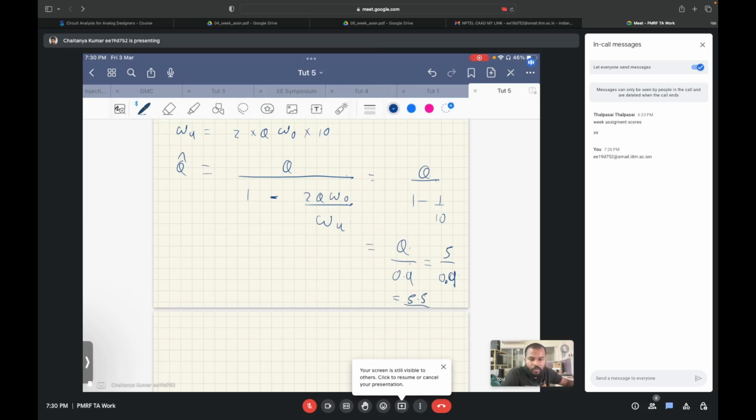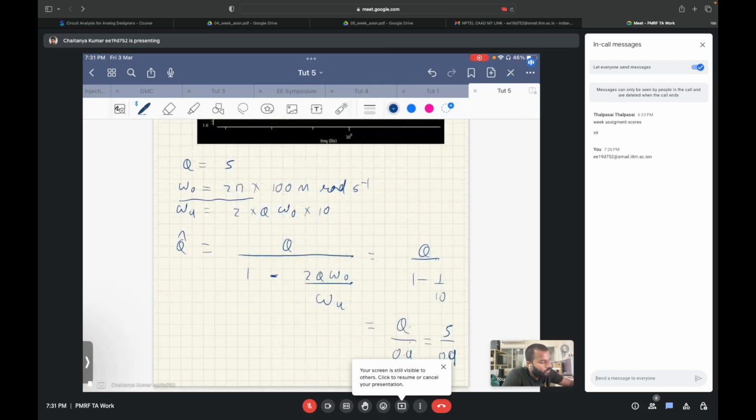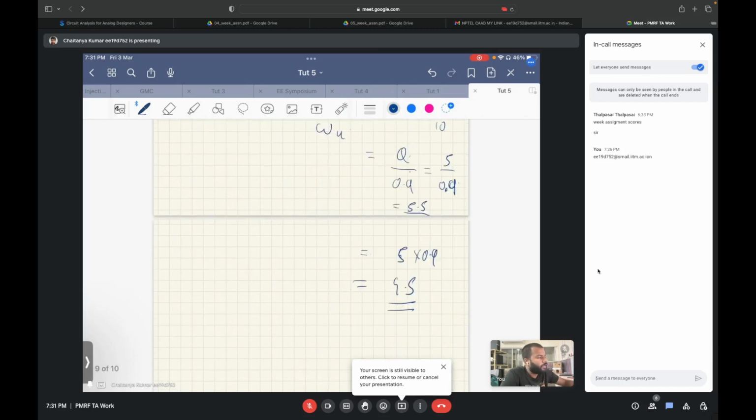Now what we will need to do is pre-distort our quality factor, so that we have some lower quality factor and can get back to a quality factor of 5. For that, we need a quality factor of 5 into 0.9, that is 4.5. In this case, even with an omega u of about 2 pi into 10 gigaradians per second, we will be able to get the desired quality factor.